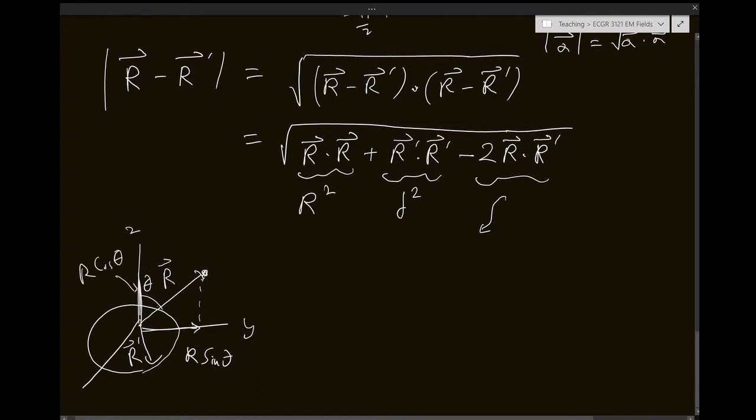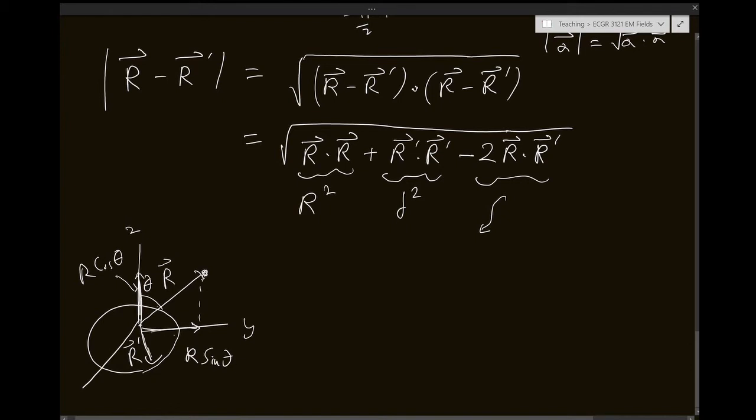The normal component, r cosine theta, is not going to be part of the dot product because it's at 90 degrees with respect to r prime, so this cancels out. And then I need to project r prime onto r sine theta.